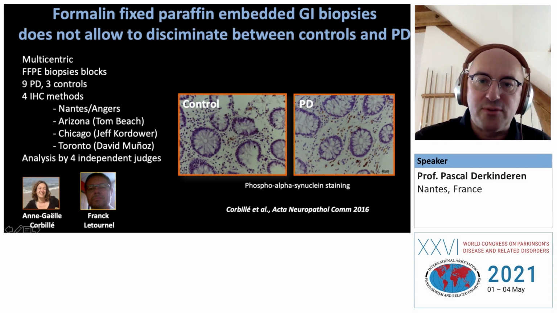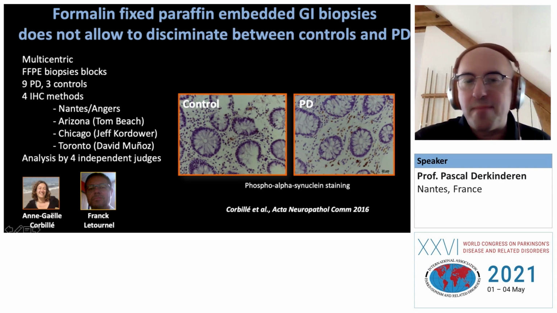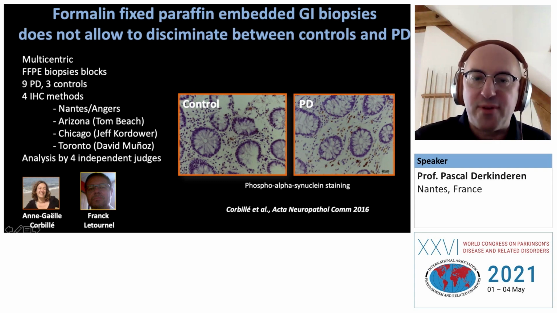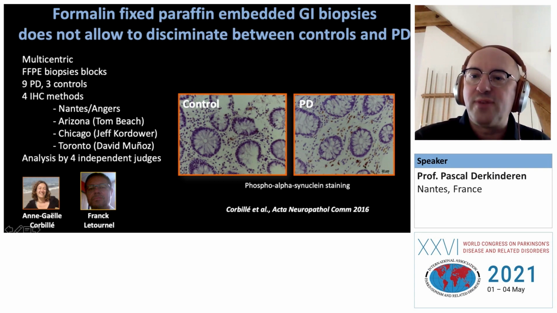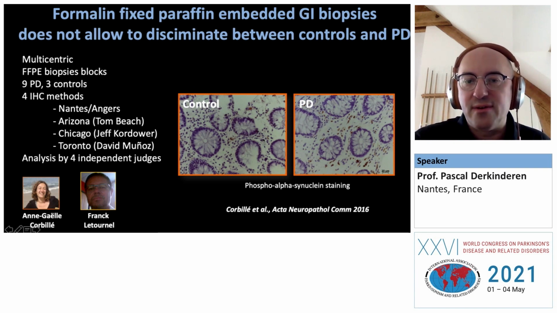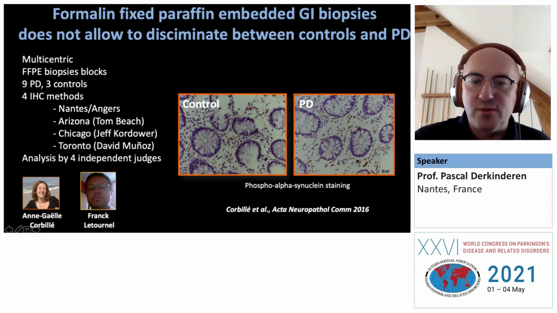This is an example you see on this slide. You see this is a small staining, which might be similar, or not too different, from a Lewy body. Of course, you got this in the PD subject, but also in the controls. So it is likely to be a false and wrong staining due to the epithelium.